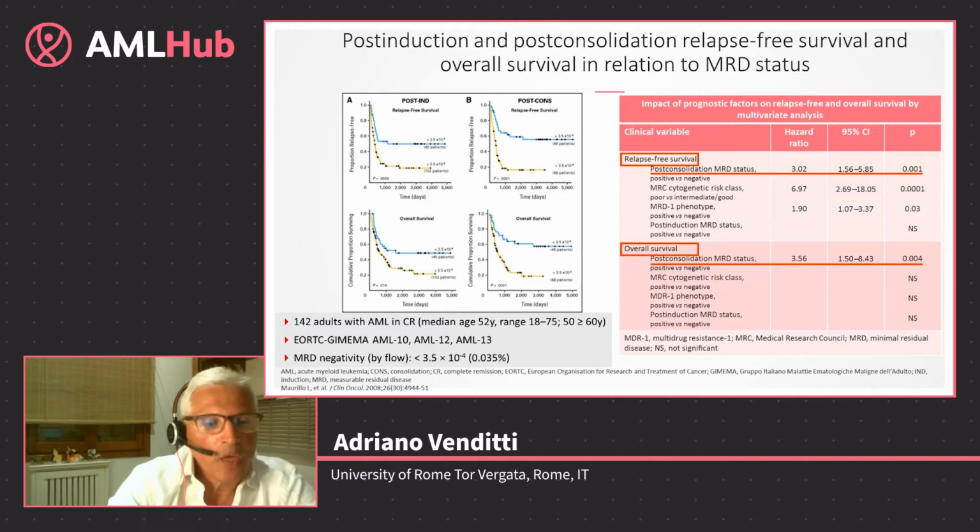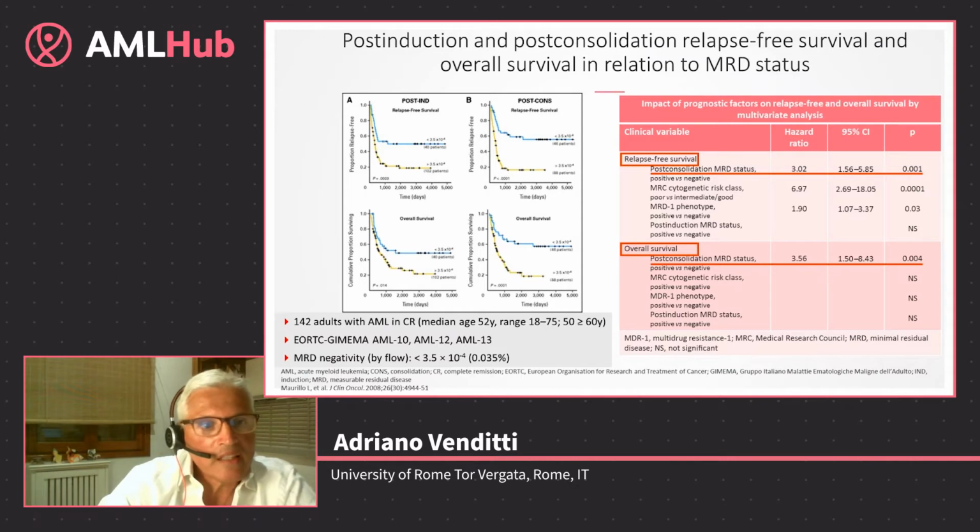In our experience, we analyzed for MRD persistence 142 adult patients with acute myeloid leukemia who were recruited to a sequential series of EORTC-GIMEMA protocols. MRD was investigated by flow, and we selected 0.035% as the threshold discriminating MRD negative and MRD positive patients.